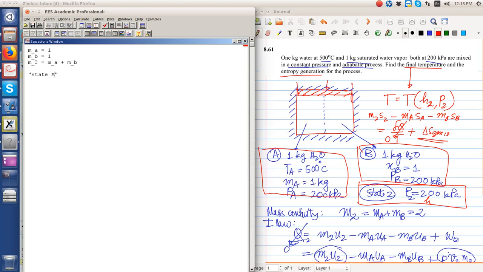State A: TA is equal to 500, MA we have already put down, PA is equal to 200. State B: T of XB is equal to 1, PB is equal to 200.